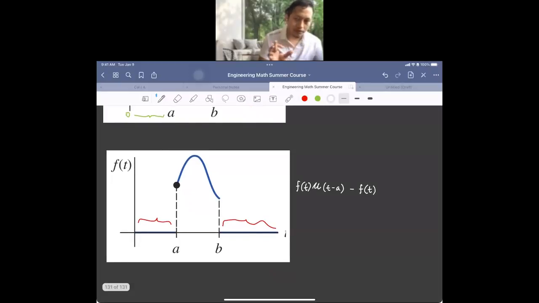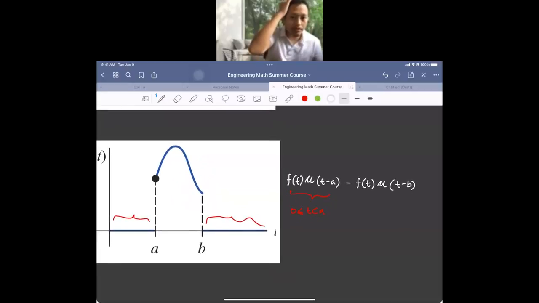Remember, the idea behind this is to see the interval. This is zeroing from 0 to a, and the right one is that. Now, to make this logically make sense, you can imagine any t that you can have.